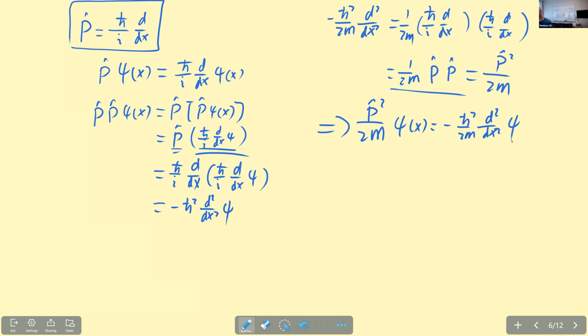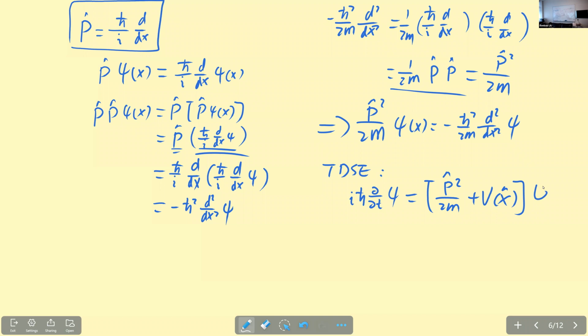So this means the Schrödinger equation can now be written as i h bar partial t psi equals to, this is one operator, and this is another operator, right? Or equals to, we call this a single operator H, the Hamiltonian, okay?